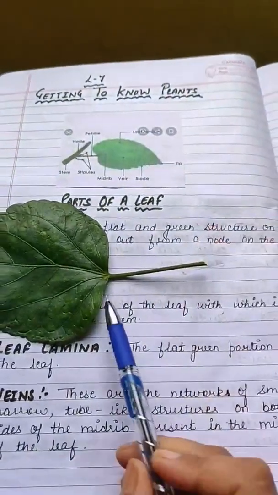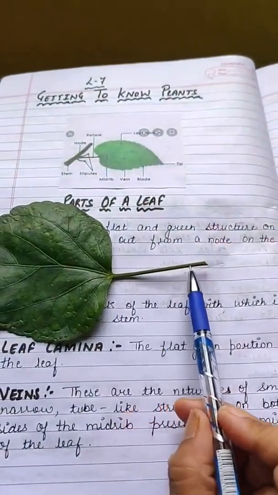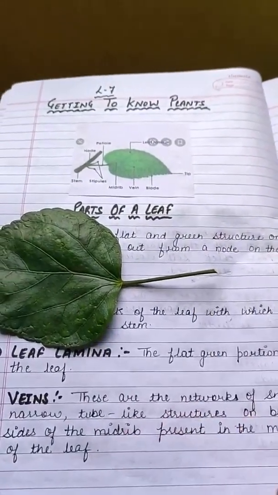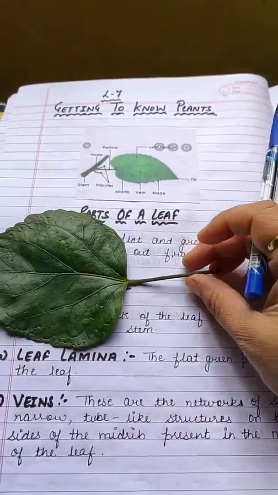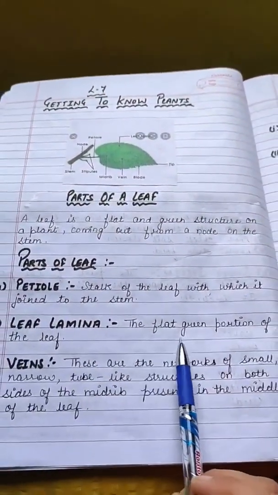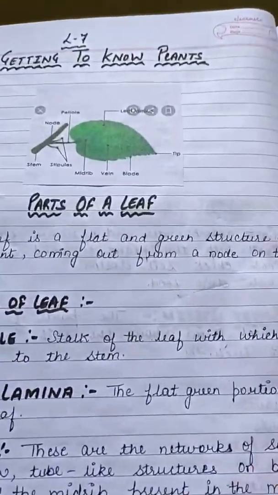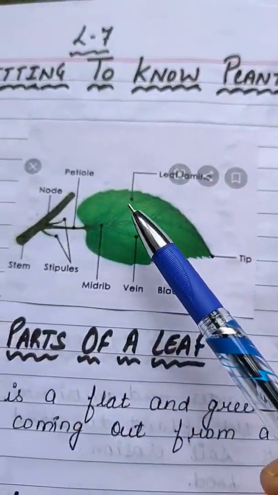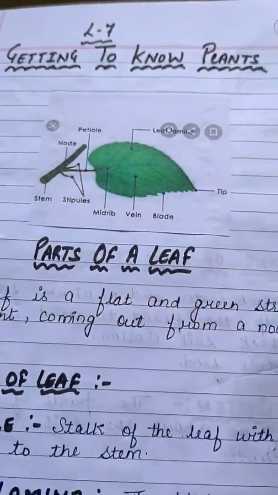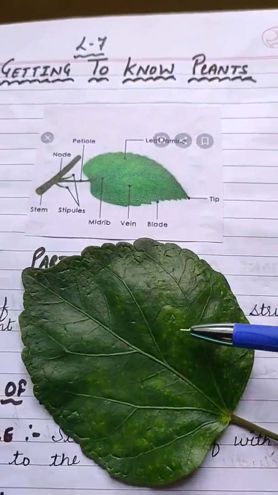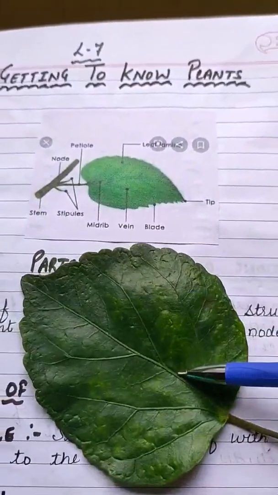Here you can see also this is the petiole and its main function is to join the leaf to the stem of the tree or plant. Next is the leaf lamina, the flat green portion of the leaf. This is the leaf lamina. Here you can see this flat portion is the leaf lamina.